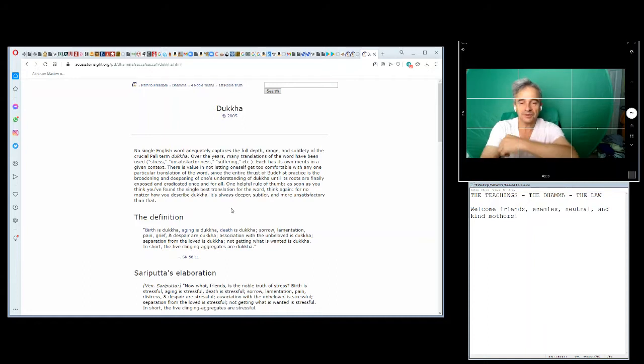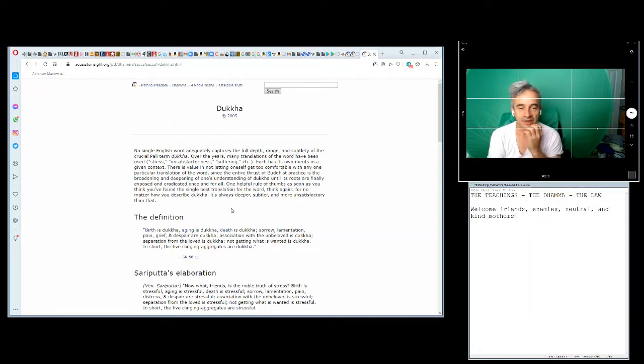No single English word adequately captures the full depth, range, and subtlety of the crucial Pali term dukkha. Over the years, many translations of the word have been used: stress, unsatisfactoriness, suffering, etc. Each has its own merits in a given context.